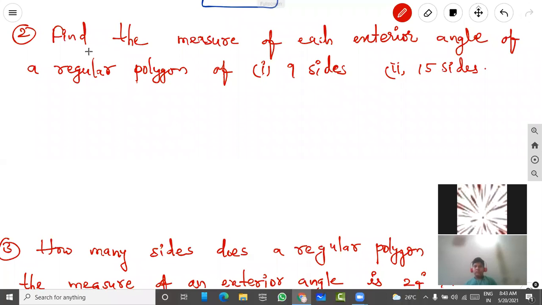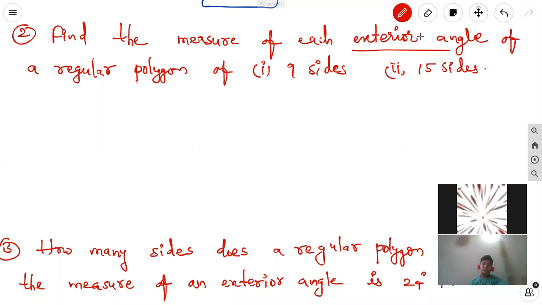The second problem, find the measure of each exterior angle of a regular polygon. It is very, very important. Regular polygon of 9 sides. First case, 9 sides, second case, 15 sides.